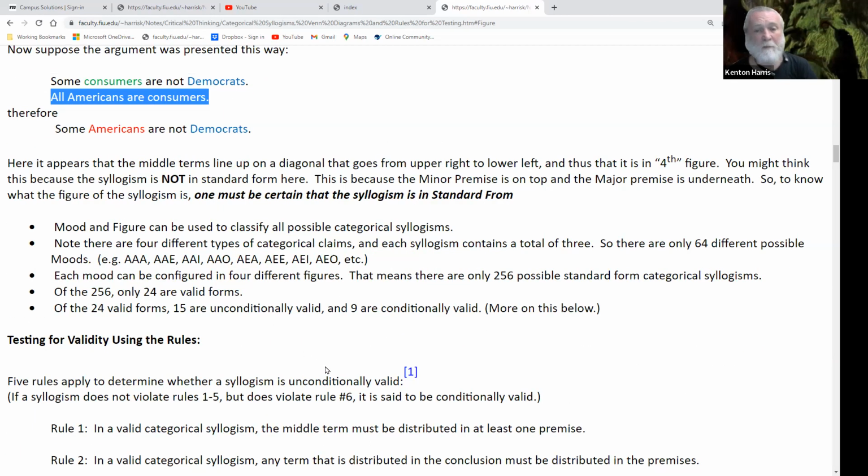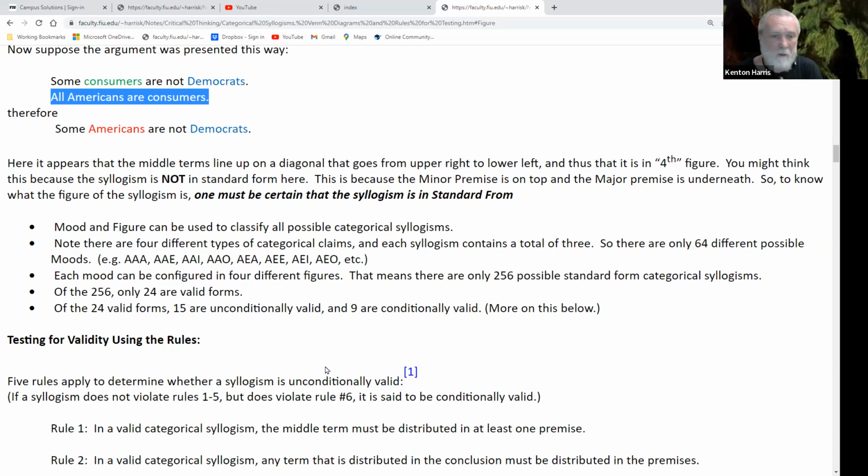So notice a couple of things. The mood and figure can be used to classify all possible categorical syllogisms. Note further that there are 4 different types of categorical claims, and each syllogism contains a total of 3 categorical claims. So that means that there are only 64 different possible moods.